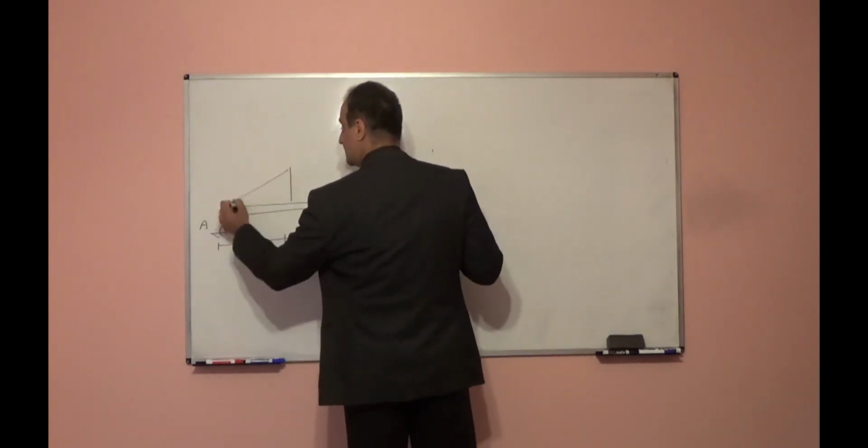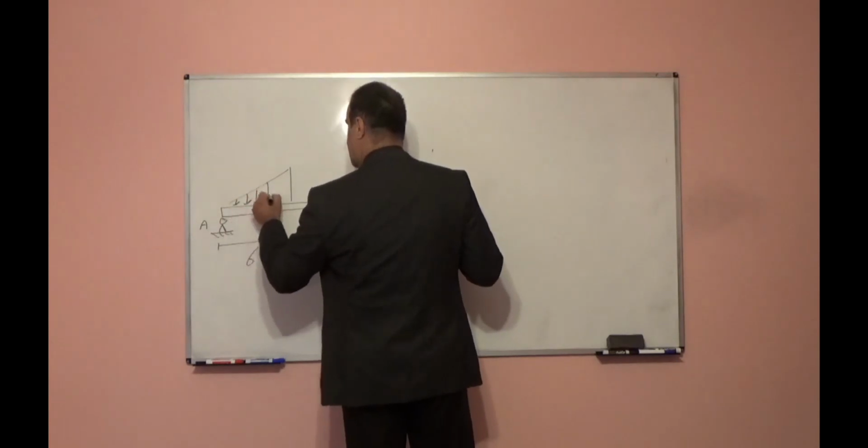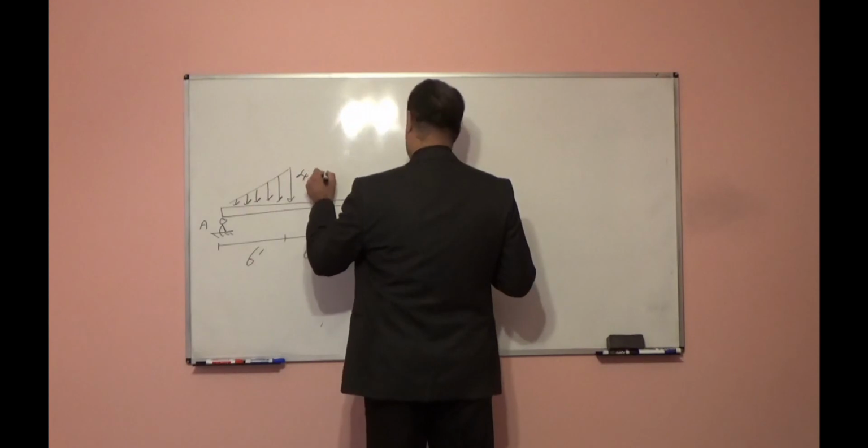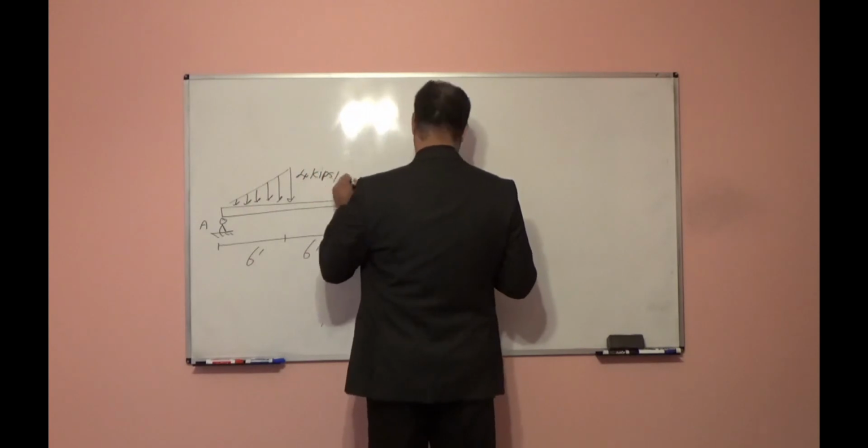This is triangle shape until mid-span. It will be 4 kips per foot.